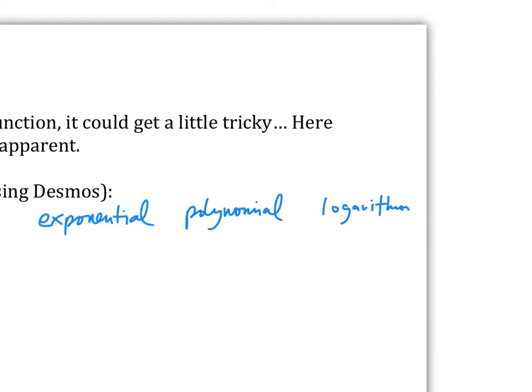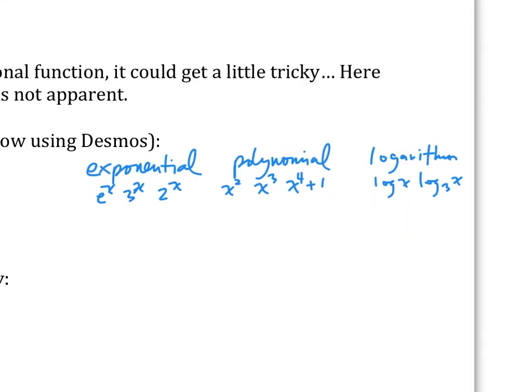Exponential function means something that has x in the exponent, like e to the x, 3 to the x, 2 to the x, etc. Polynomial means anything that is a polynomial, like x squared, x cubed, x to the 4th plus 1. Logarithm is just log x. It could be log base 3 of x, something like that. So these are the three kinds that we're talking about right now.